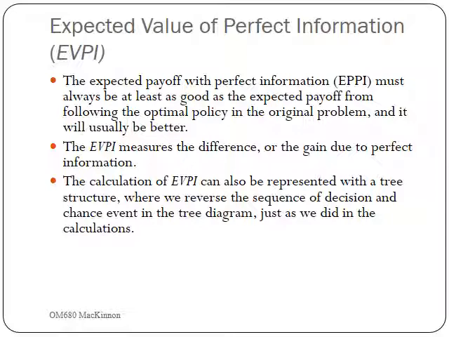And so the expected value of perfect information, or EVPI, is that difference. It's that $34,000. It's what we would hope to gain with perfect information. And we can actually model this in the tree structure, where we reverse the sequence of the decision and the chance events and do the calculations again.